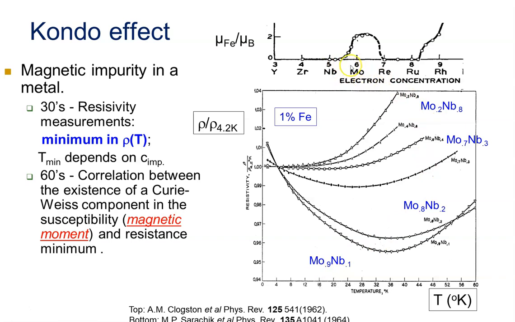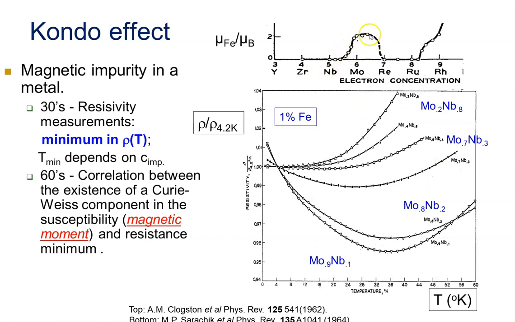So the larger the molybdenum share, 0.2, 0.7, or 0.8, the more I'm into this plateau. So the magnetic moment of the iron impurities in the system actually increases.